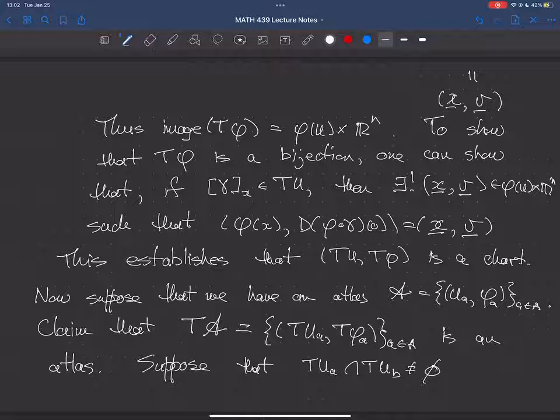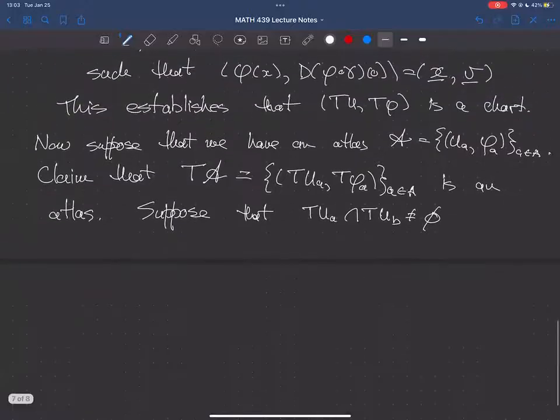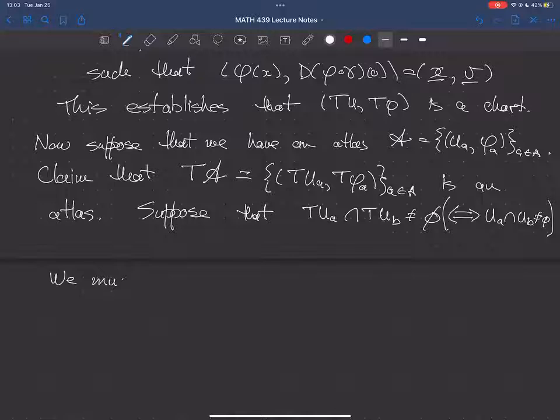That means that the two charts intersect one another, which is the starting point for the overlap condition. And this is true if and only if U_A intersect U_B is non-empty. So we must verify the overlap condition.